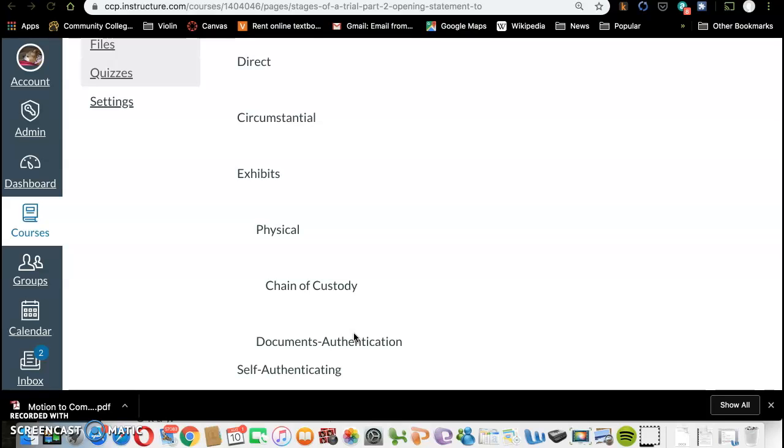That is, we need someone to be able to say that this was the magic marker that I found on Bad Bob's desk on the day in question, and it was confiscated and kept in this envelope until this very day, or until times it was examined and we resealed it. And that's the chain of custody.